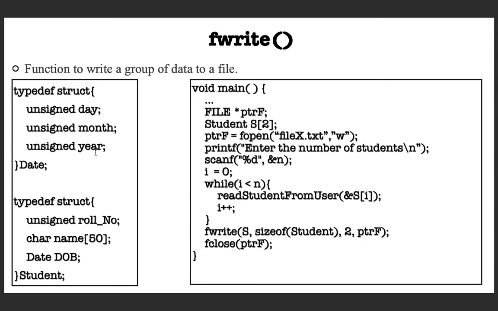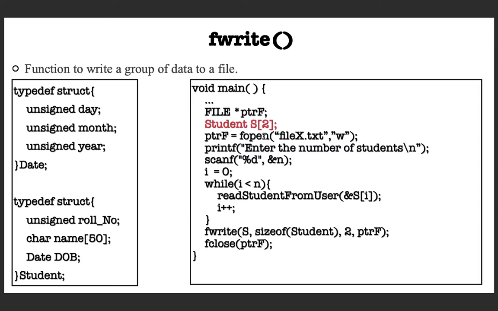Now let us see what this program is doing. We can try to understand what each statement does. First, we are creating a file handle. You know from the previous lectures what this is doing. After that, I create an array of two students. This is for us to understand what this function can do.